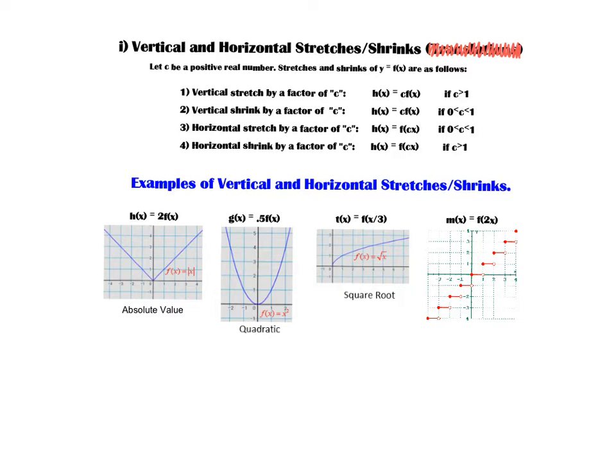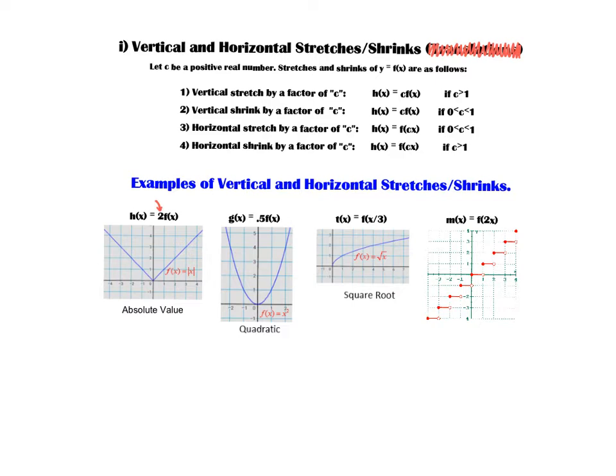So let c be a positive real number. Stretches and shrinks of the function y equals f of x are as follows. They'll follow these rules. Vertical stretch by a factor of c if c is greater than 1. So if we multiply f of x by a number greater than 1, for example, h of x below, that's going to be a vertical stretch by a factor, in h of x's case, of 2.